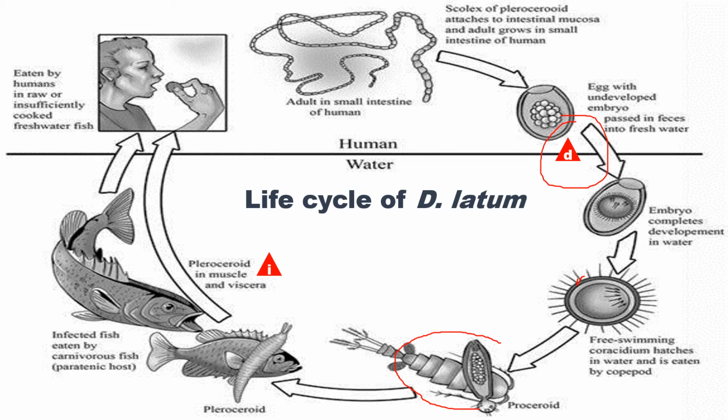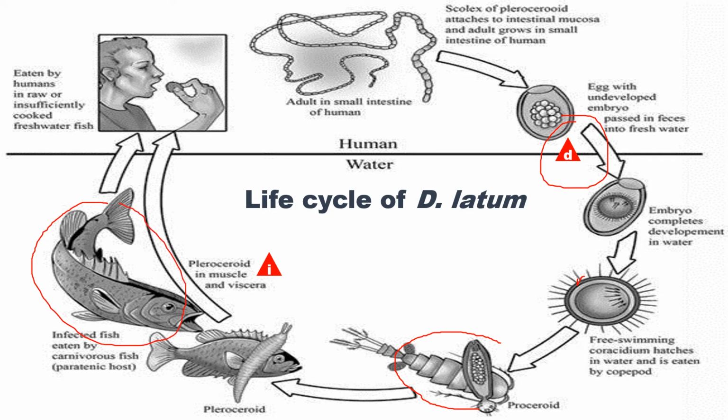Okay? And then, the fish containing the plerocercoid larvae will be ingested by the definitive host. Example, we have humans, cats, dogs, and other fish-eating mammals. For example, this carnivorous fish will serve as the paratenic host.